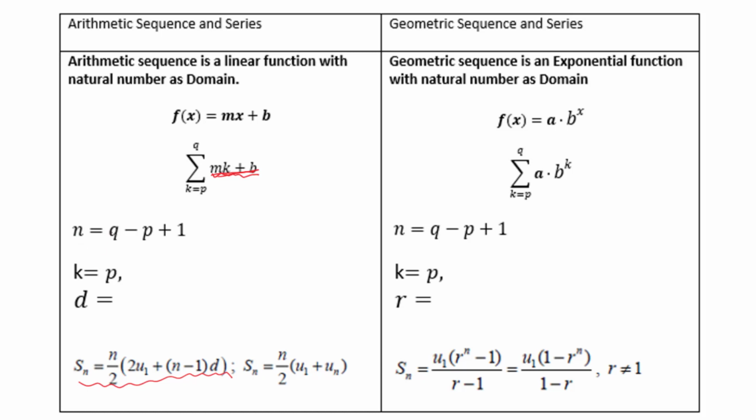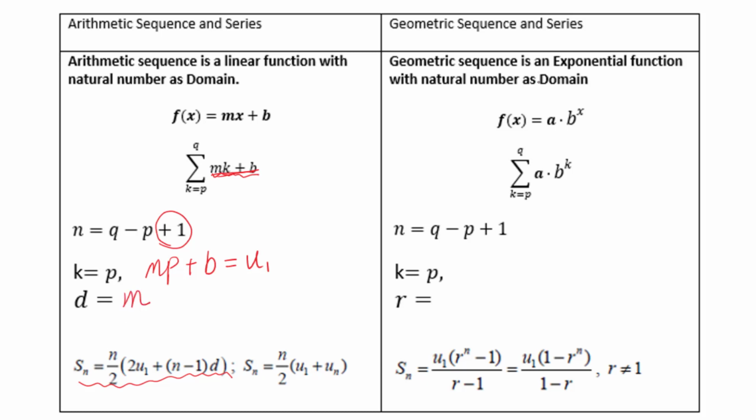The n will be q minus p plus 1. Don't forget this plus 1. And when k equals p, we will get mp plus b. It will be u sub 1. And d will be the slope.